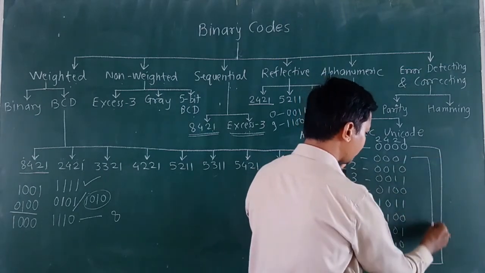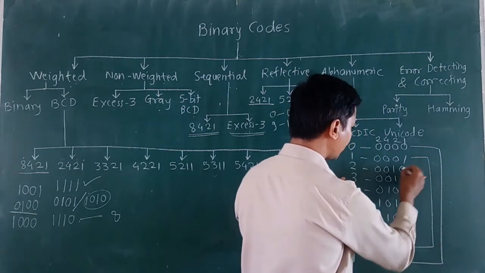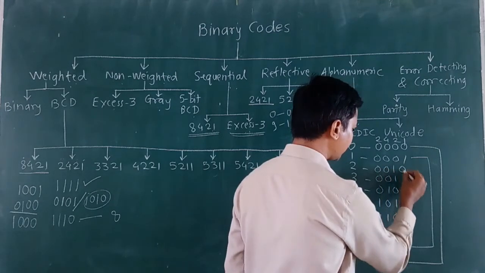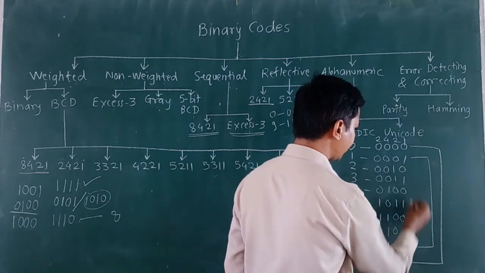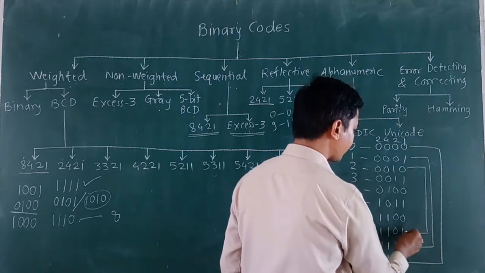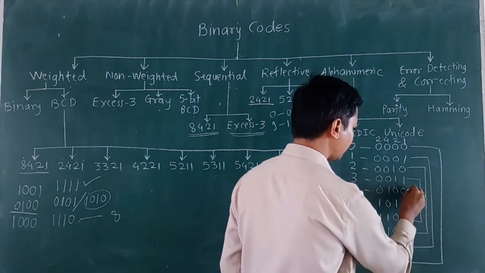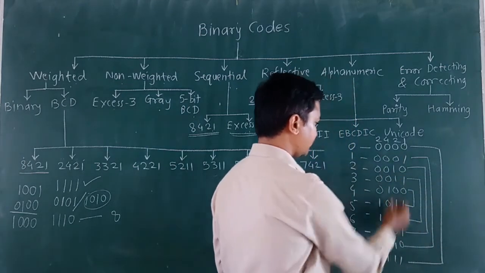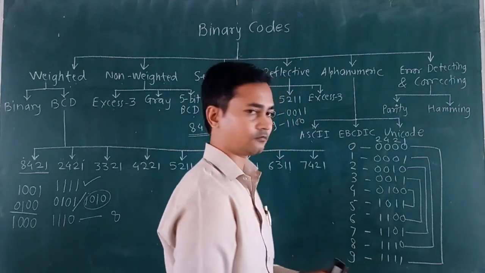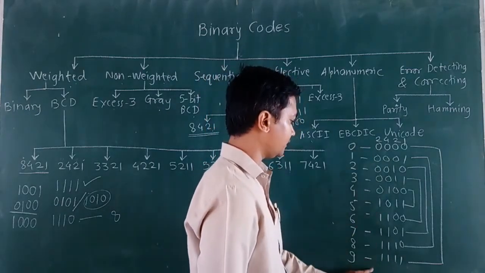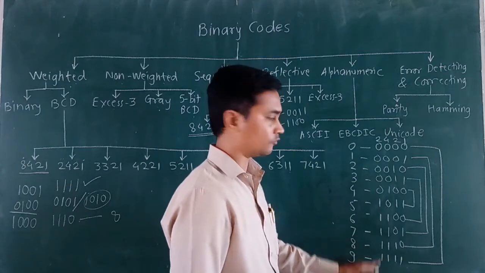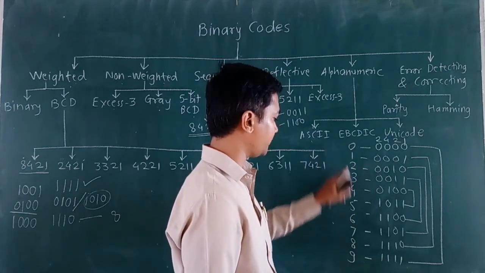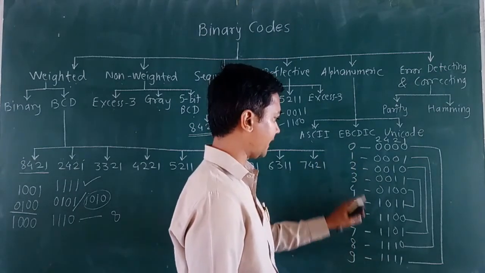Likewise this is called reflective code. The complement of 0 0 1 0 is 1 1 0 1, and so on. All these codes are the complement of the other end value: 0 is the complement of 9, 1 is the complement of 8, and so on.